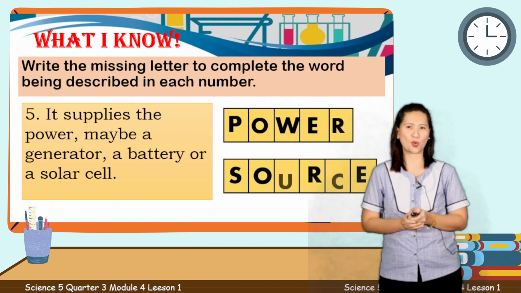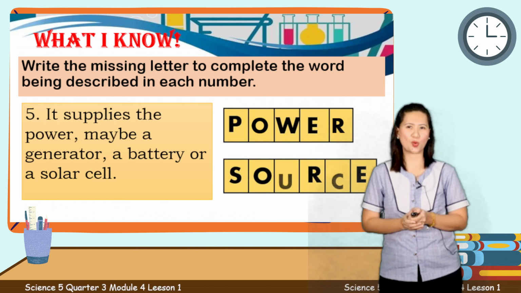Next, let's have a short recap of our previous lesson. Last time, we have studied about conductors and insulators. So, what is the difference between the two? So, let us answer this one. These are the materials or substances which allow electricity to flow through them.